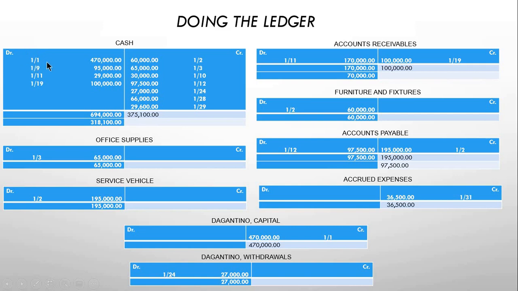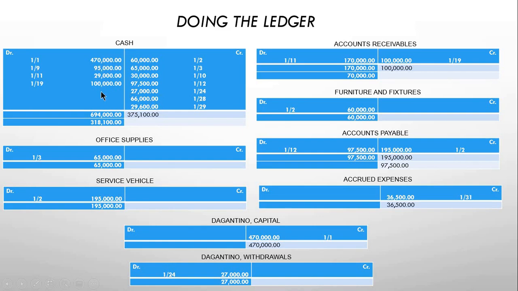Para pag cross-reference natin, pagtingin natin sa journal, nangyari yan o January 1. Sa journal, hanapin din natin si January 1 na entries to prove na there is really an entry to that in the journal. Okay? Pagka January 9, ayan. Pagka January 11, ayan. So, lahat ng debit sa cash, nilagay natin sa debit. Lahat ng credit sa cash na nasa journal, nilagay natin sa credit.